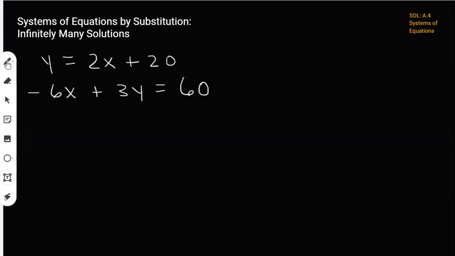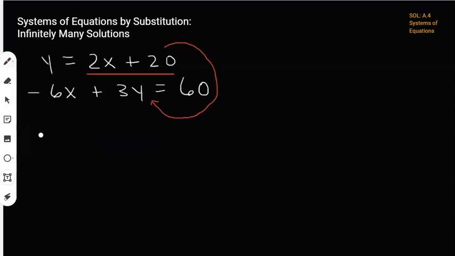Now, the first thing that I'm going to do is underline the 2x plus 20 in red. This is what y is equal to. And because I know that this is what y is equal to, I can plug this into the y in the bottom equation because y and 2x plus 20 are the same thing. So I'm going to substitute the 2x plus 20 in for y on the bottom equation.